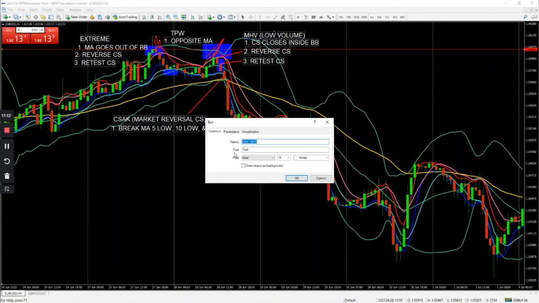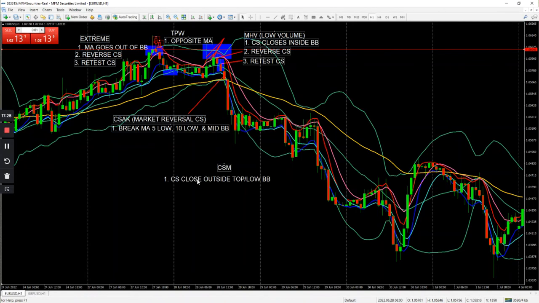Also just a simple criterion. CS closes outside the top or low BB. This is what Cikgu Omar would say. If the candlestick closes outside the BB, it is called a momentum.